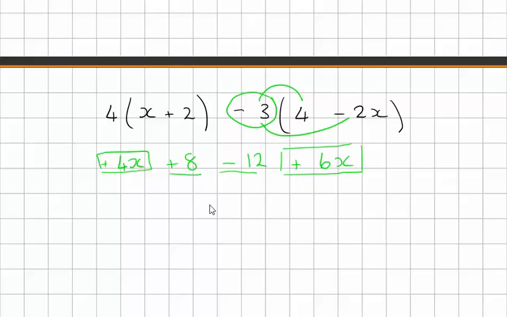So the simplified collected like terms would be, Sophie? 4x and 6x make 10x. And 8 minus 12 makes negative 4. Well done. So all of this simplifies down to 10x minus 4.